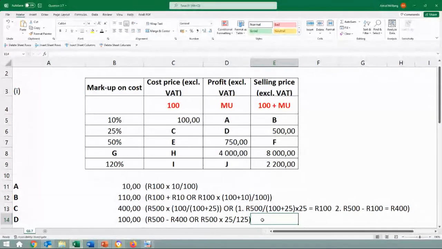Okay, now remember that 750 is 50% of whatever the amount is in E. So instead of multiplying it with 50%, you will do exactly the opposite. You will multiply it with 100 over 50. So you're basically dividing it by 50%.